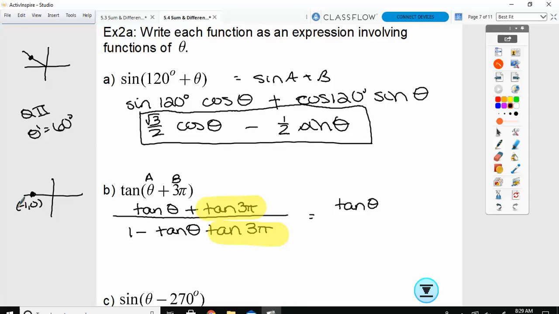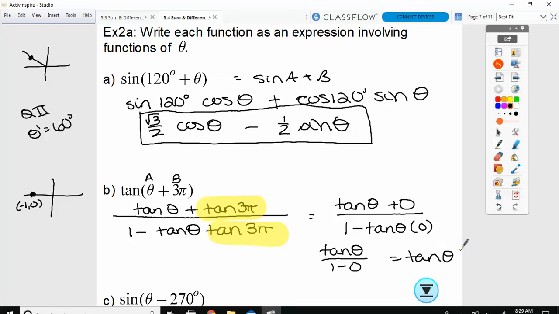Remember, tangent is y over x. So 0 divided by -1 is 0. So we have tangent of theta plus 0 over 1 minus the tangent of theta times 0. So the top is just tangent of theta. On the bottom, it's just 1 minus 0. So this is just equal to the tangent of theta.